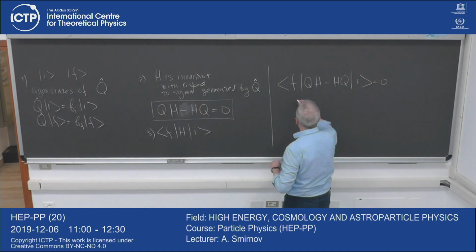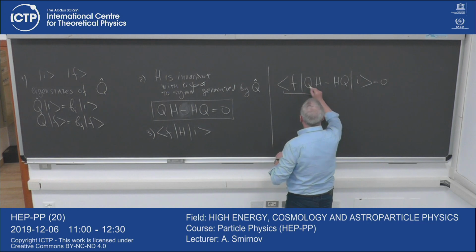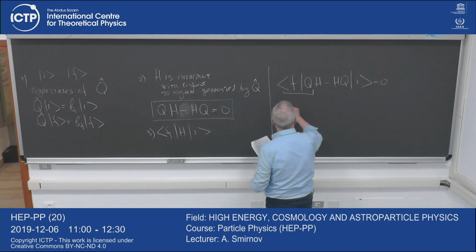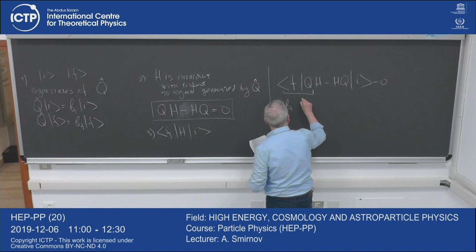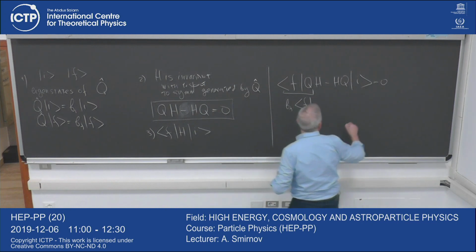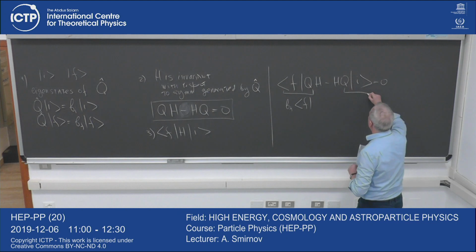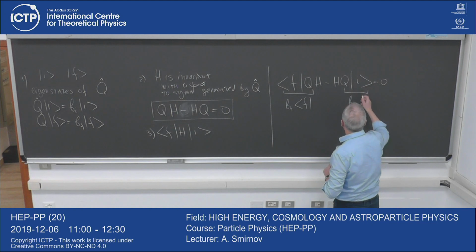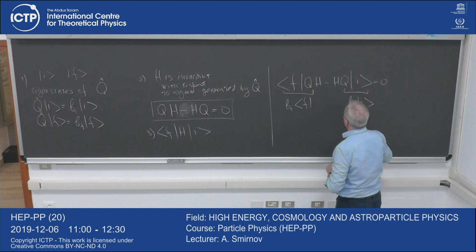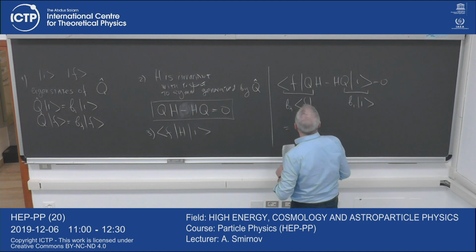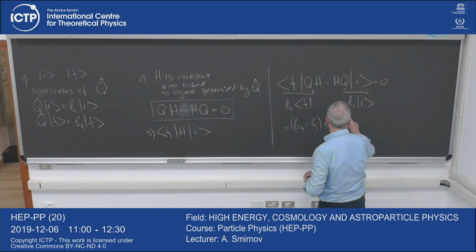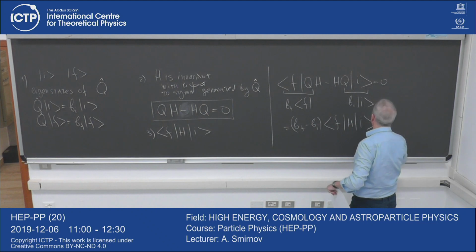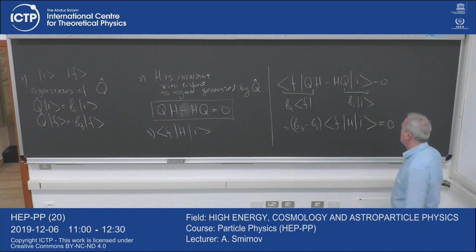And then due to this feature, we have this part, which is bF times the matrix element, and this term is bI times the matrix element. And so what we will get is bF minus bI, times the matrix element of H between F and I. And that should be 0.